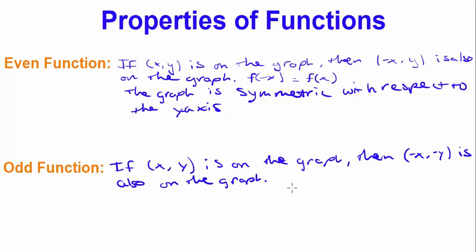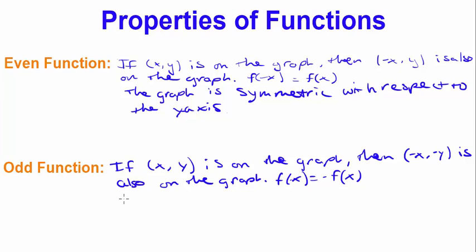Likewise, using function notation, what this means is that when you substitute the opposite of x into your function, you will get the opposite of f of x. In other words, if you substitute the opposite of x into your function, you'll get the opposite of y as your output compared to if you were to substitute x in there. All right, that's function notation.